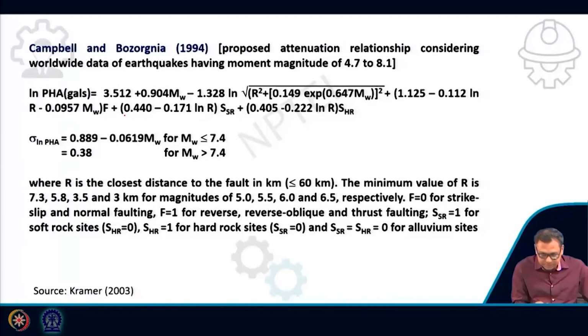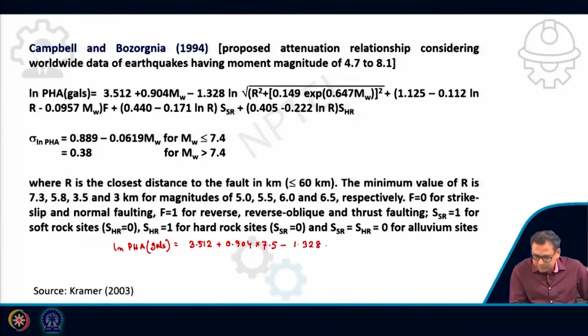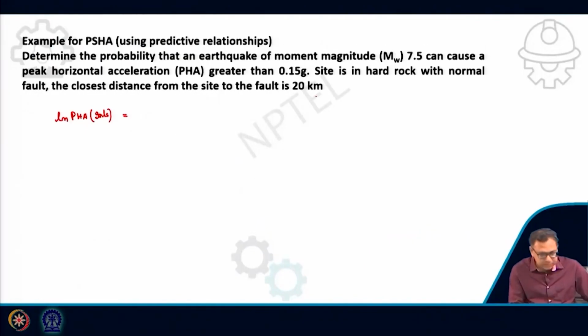Let's put these values here, that will be easier to understand. ln PHA in gals will be 3.512 plus 0.904, and the MW is 7.5 as given, minus 1.328 ln of the square root of, okay, R is 20 kilometers as given.